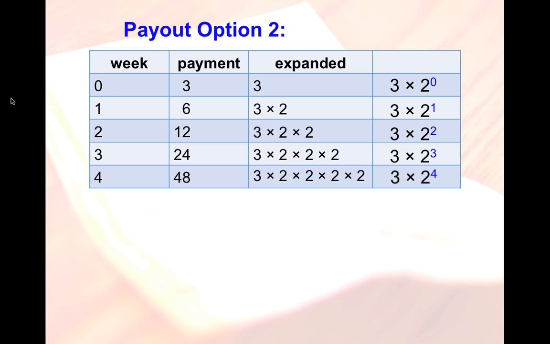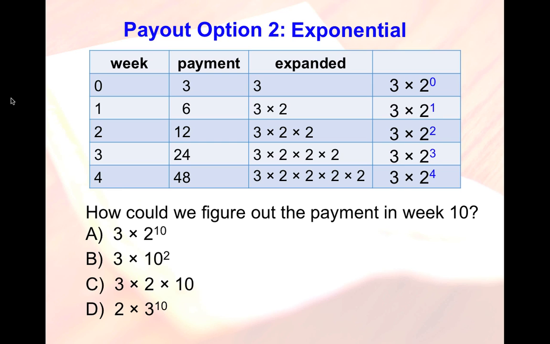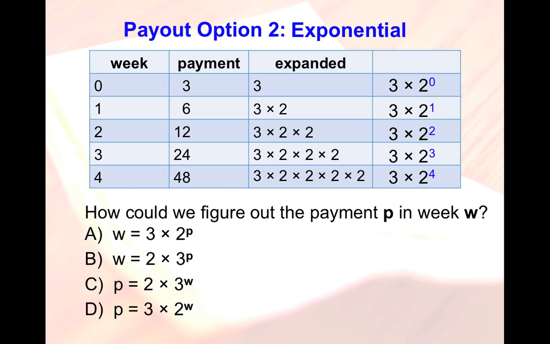Because we can write these expressions with exponents, this is called an exponential function. We noticed previously that it was not linear. You might have been thinking, well, if it's not linear, what is it? This is exponential. Which expression could we evaluate to figure out how much we would be paid in week 10? In week 10, we'd want to use 10 for our exponent.